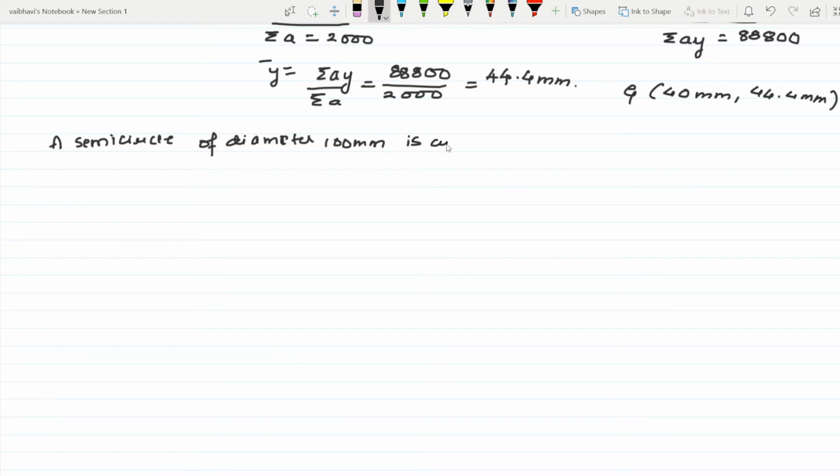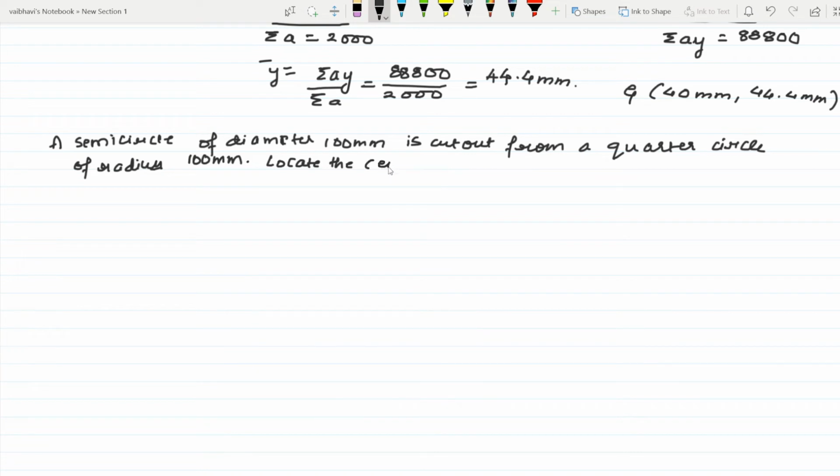It is cut out from a quarter circle of radius 100 mm. Locate the centroid of the shaded area.